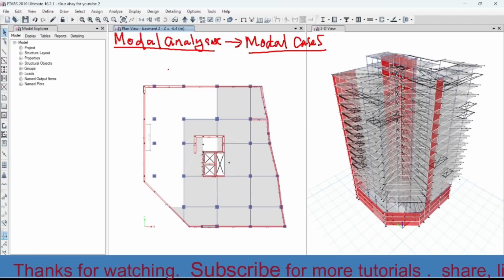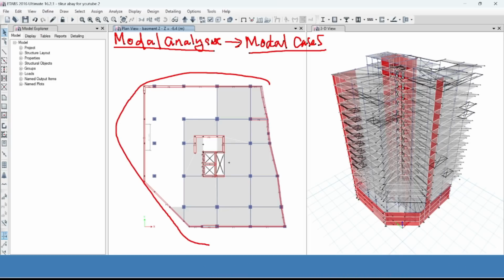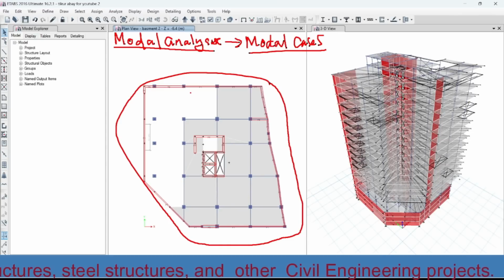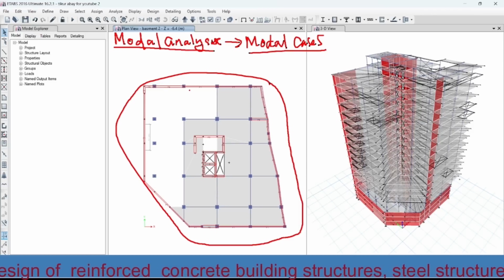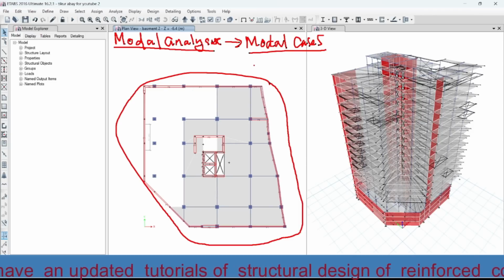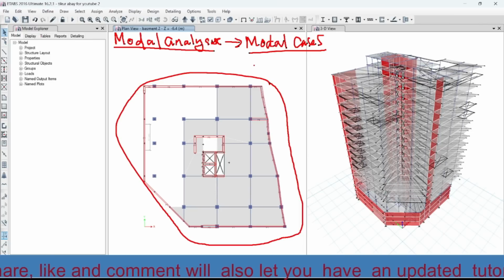So here suppose this is our structure. Every node has 6 degrees of freedom, but during the modal analysis 3 degrees of freedom will be taken into account.